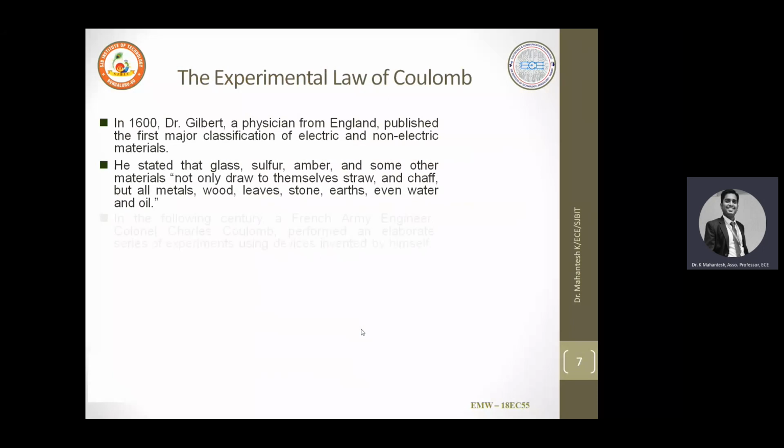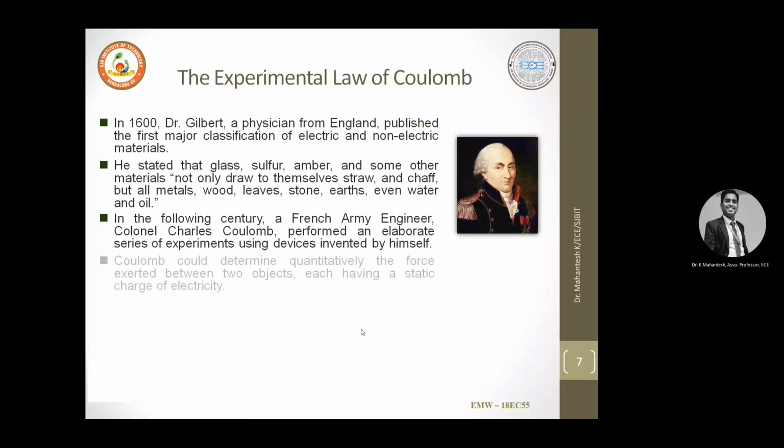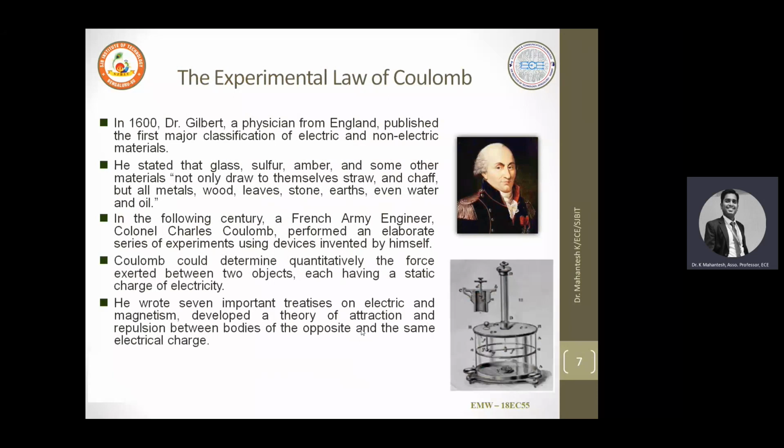Shortly thereafter, an officer in the French army engineers, Colonel Charles Coulomb, performed an elaborate series of experiments using a delicate torsion balance invented by himself. You can see the delicate torsion balance here, which was invented by Coulomb to determine quantitatively the force exerted between two objects.